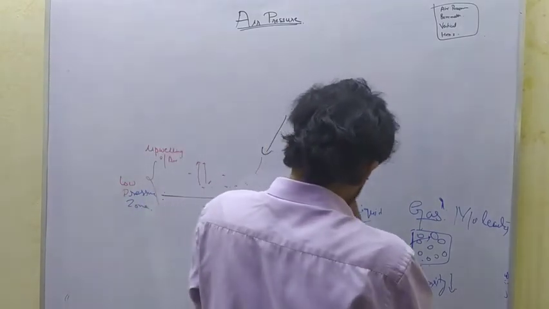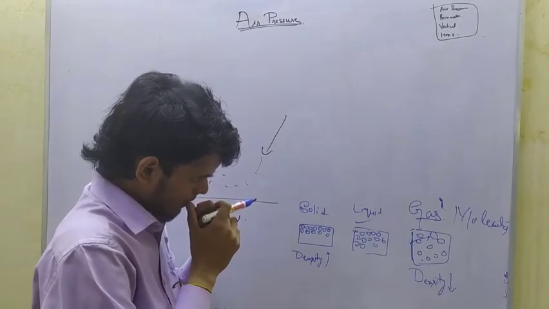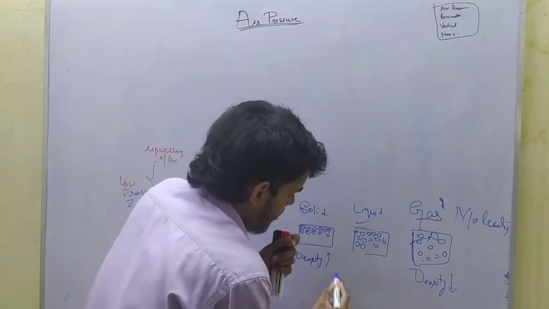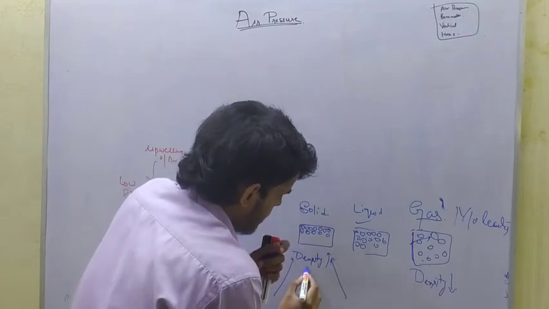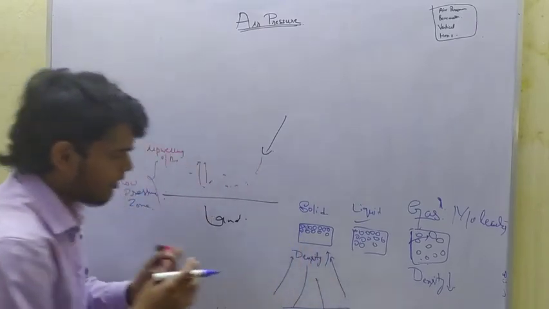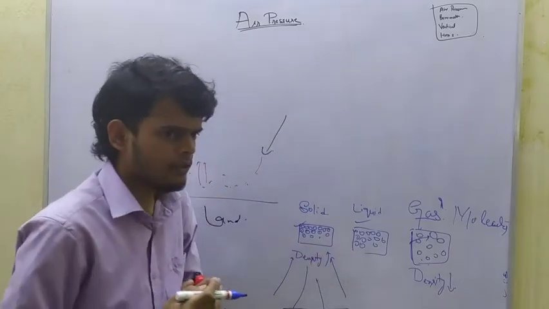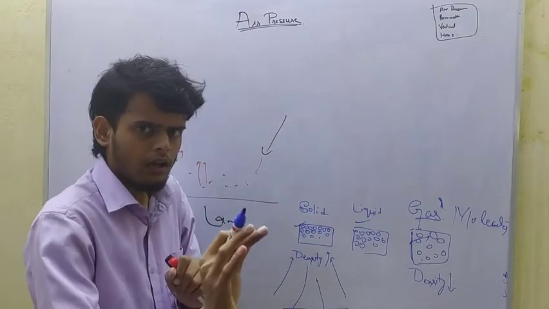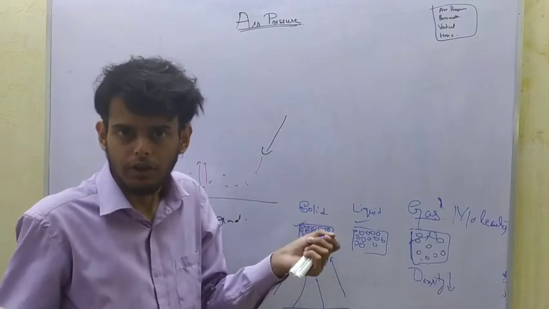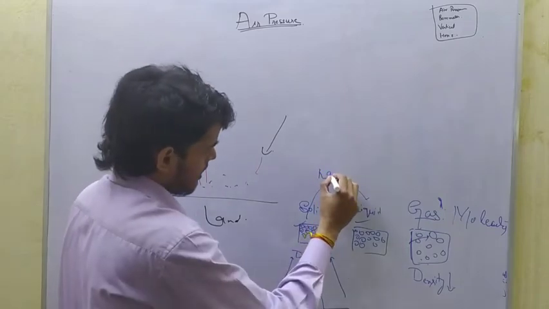And when we apply heat to an object, heat is applied by a source, maybe it's a burner here, the molecules of the solid start moving very fast here and there. This causes melting of solid and it converts into liquid, and that's called lava.